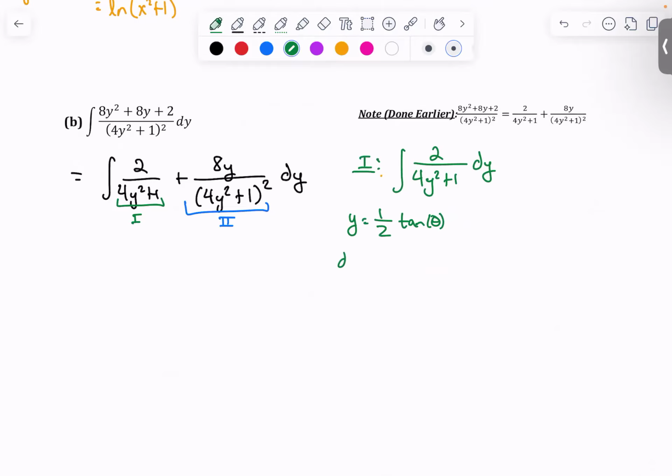If we do that, then dy is equal to 1/2 secant squared theta. So this will equal the integral of 2 over tangent squared theta plus 1 times 1/2 secant squared theta d theta.